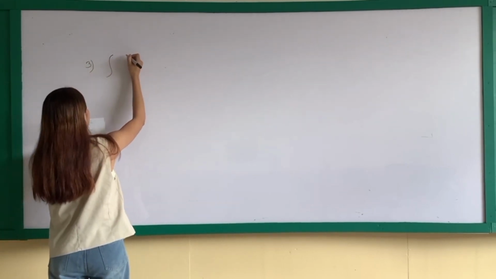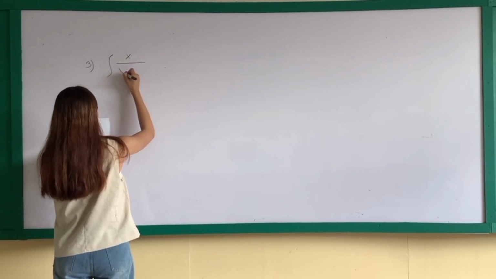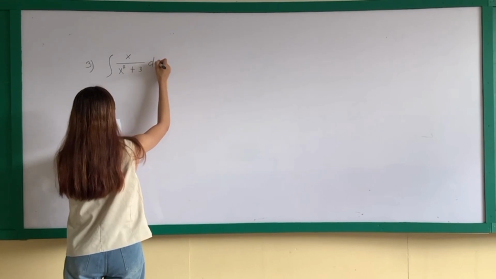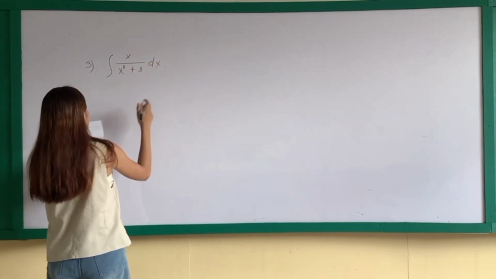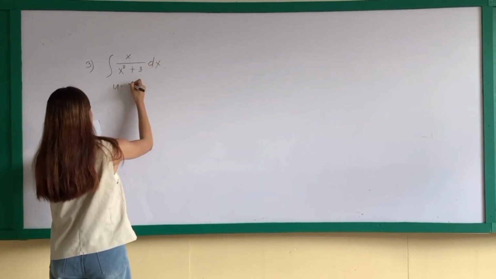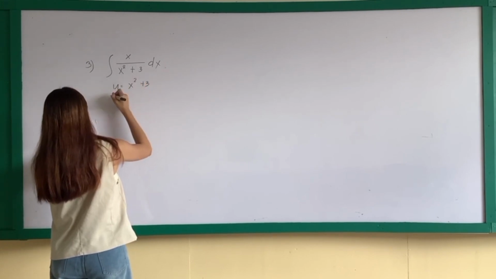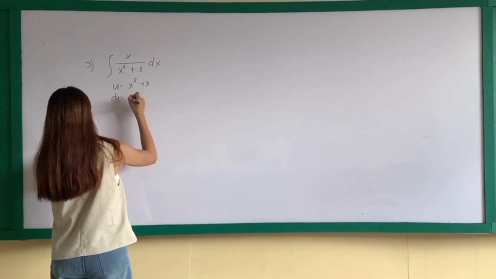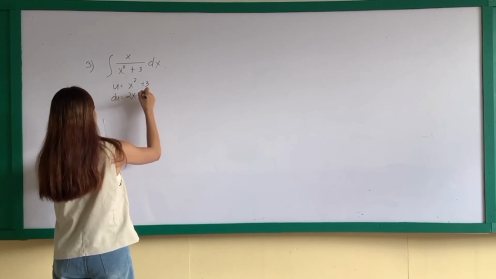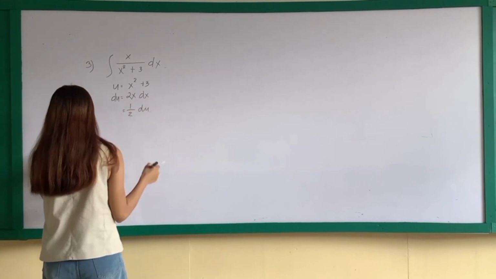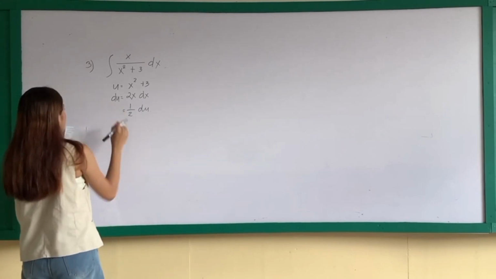Our problem number 3 is the integral of x over x squared plus 3 dx, and let u be equal to x squared plus 3, and our du is equal to 2x dx, and we need to divide both sides by 2, so we have our 1/2 du.